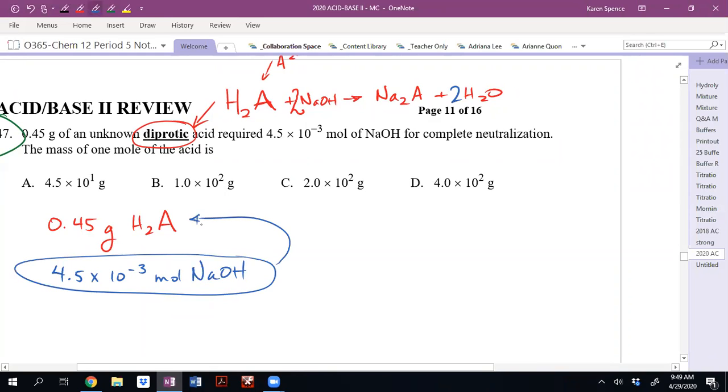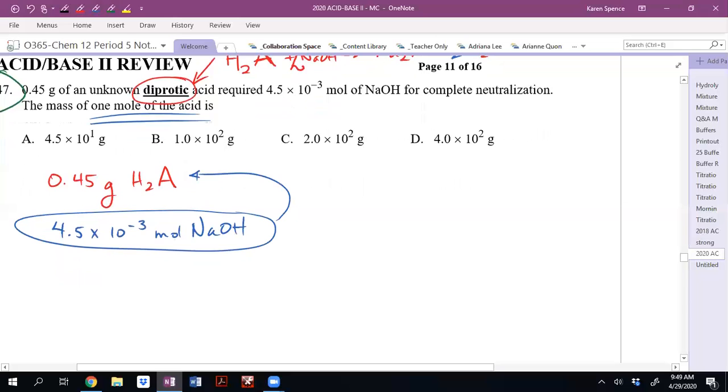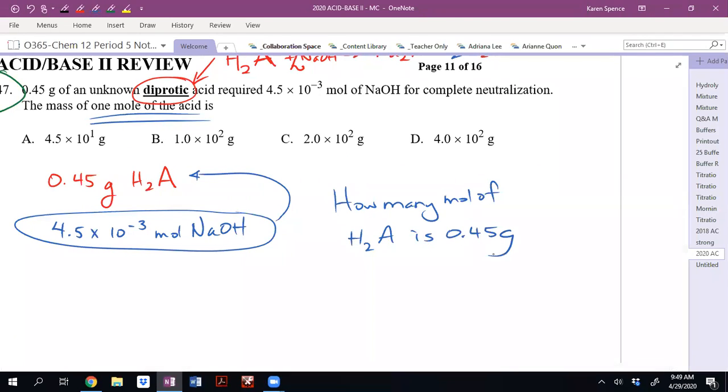And we want to know the mass of 1 mole of the acid. So what we're going to do is figure out how many moles of H2A is 0.45 grams. And from that, we can figure out how many grams per 1 mole.